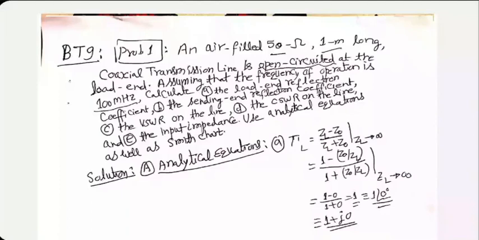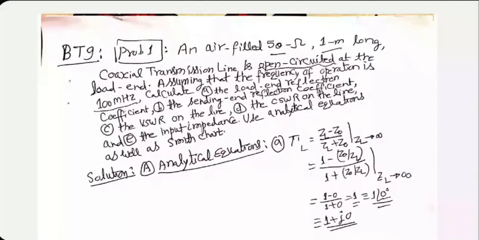So the limit simply gives you 1. You divide numerator and denominator by ZL and then allow ZL to go to infinity, you get plus 1. So reflection coefficient at the load end is plus 1.